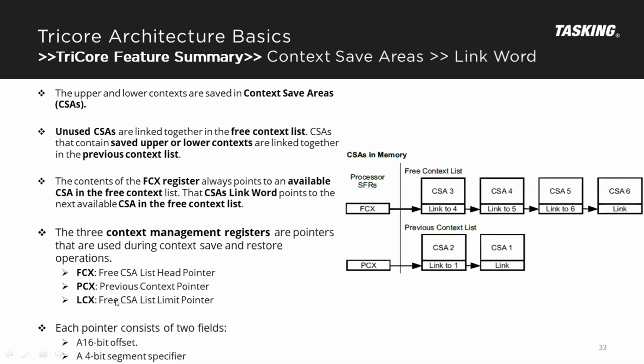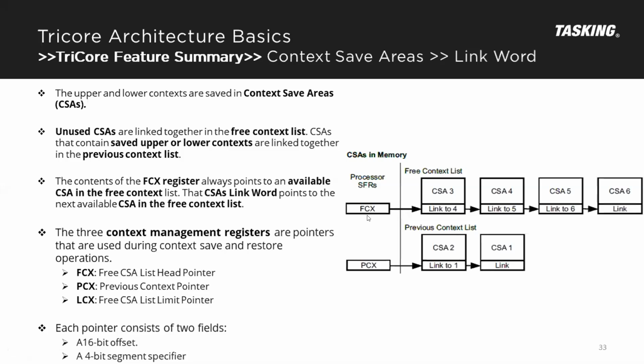It is a limiter for the free CSAs, but let's forget it at the moment. So let's focus on the FCX and PCX registers. FCX refers to the top of the linked list of the CSAs that are available in the system, and PCX refers to the top of the linked list of the CSAs that are currently used by the system.